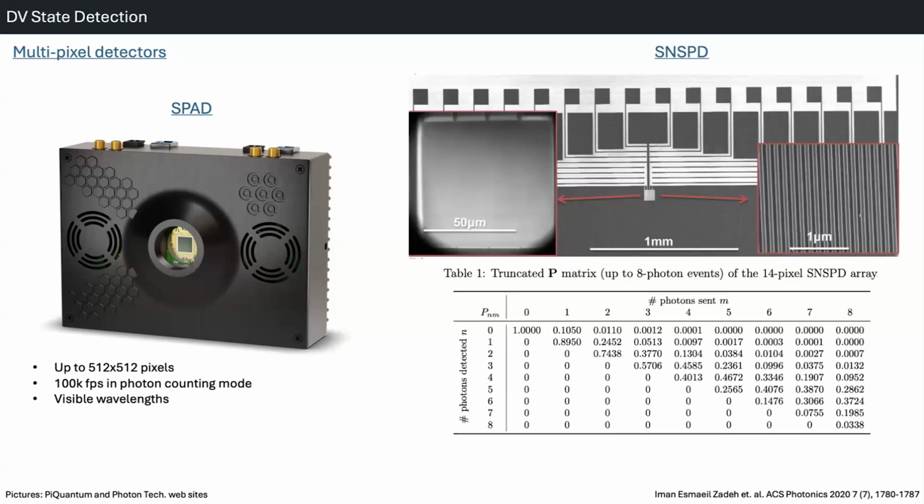And for SNSPD, for example, this is an implementation of a photon number resolving detector. You have several inputs connected together, like you see in some millimeter range devices. And for example, in the table on the right side, you see the photons sent, for example in this row 1 to 8 photons, and how many of them you detect, depending on how many detectors you use.